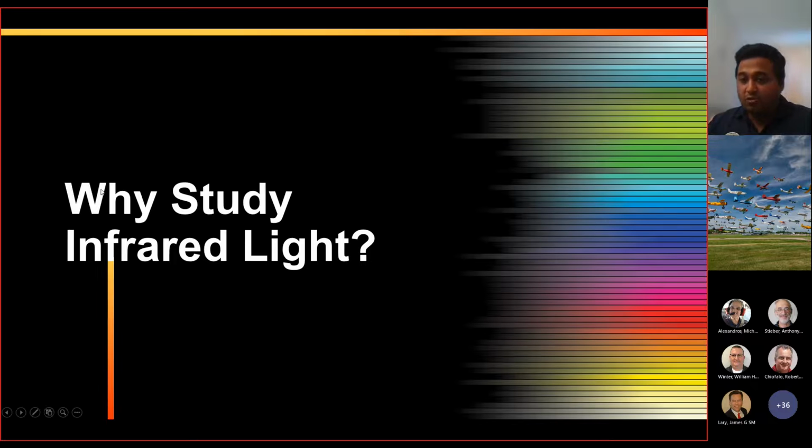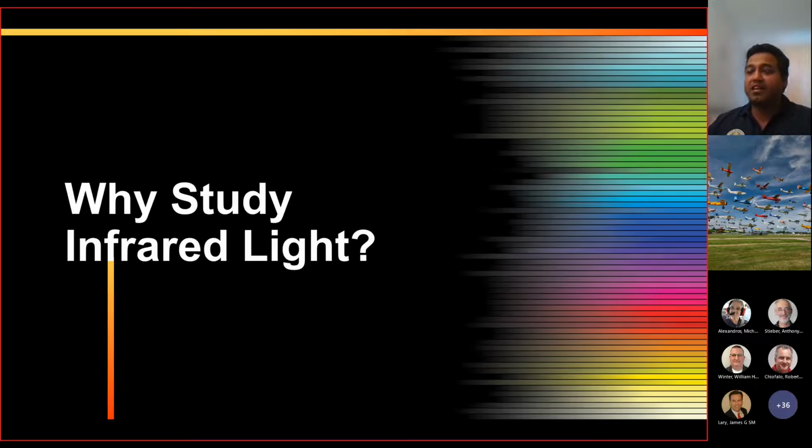So if we design a near infrared or mid infrared wavelength capturing telescope, we can actually go beyond the red end of the visible spectrum. So that's the reason why you'll be able to see more. In a nutshell, that's why we're using infrared light.